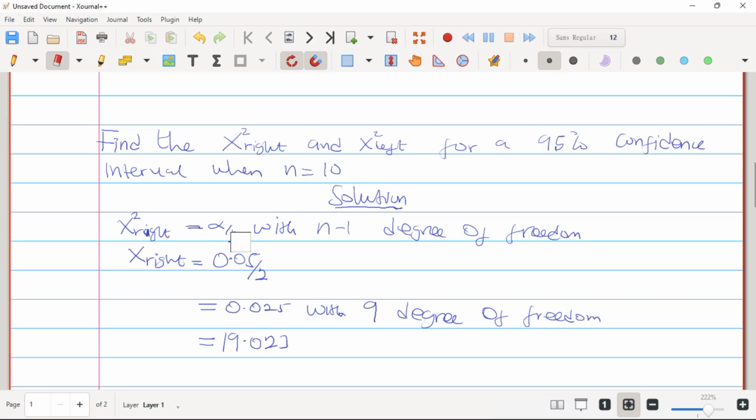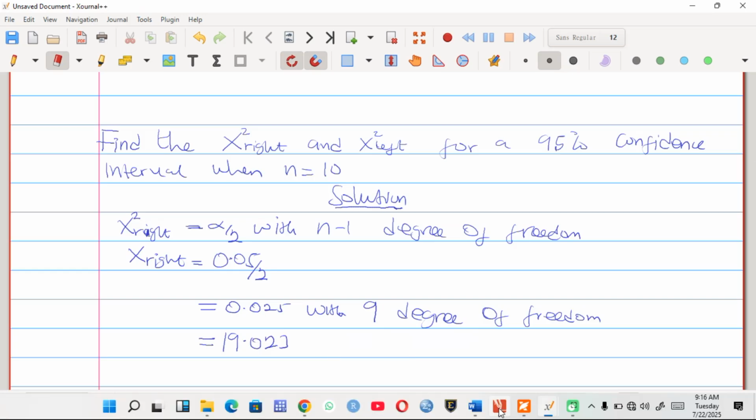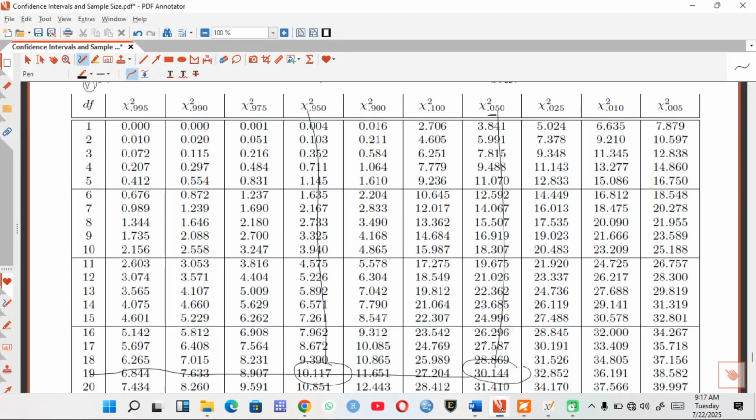And then we know that this is our confidence level. The alpha is given as 1 minus 0.95, which gives 0.05 divided by 2, right? Once you divide it by 2, you get 0.025 with 9 degrees of freedom. So let's go to the table, we will be able to find our critical value from the table.